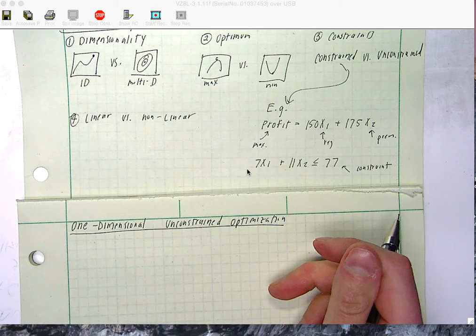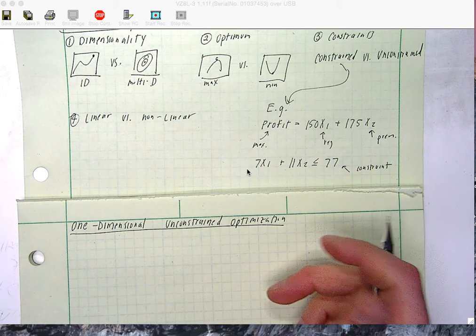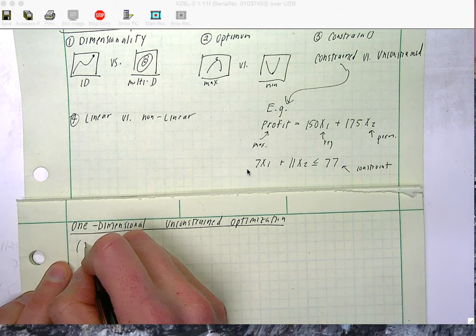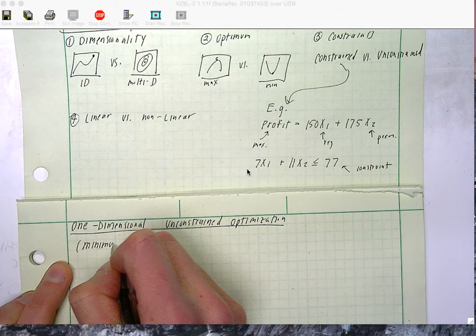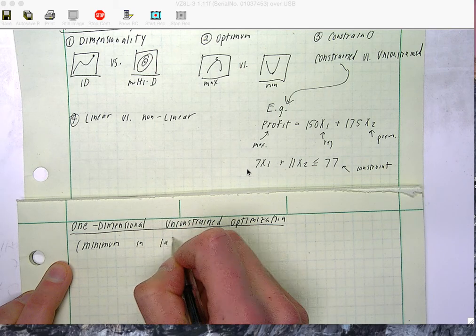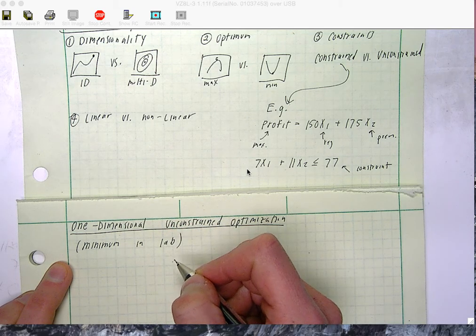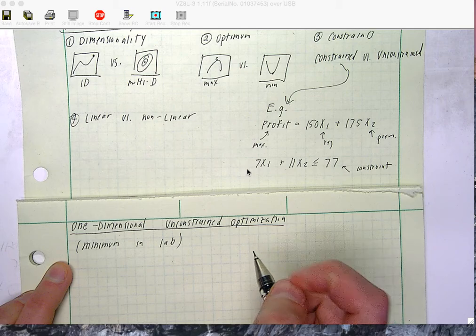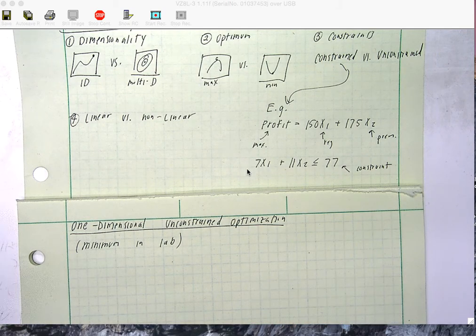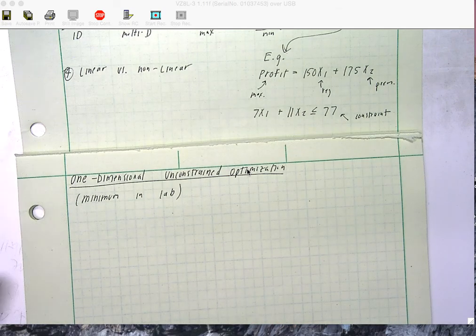I'm pretty sure we're finding the minimum. So what I'm going to do today is write the algorithm for the maximum, and the only thing that you'll need to convert for your lab is writing it for the minimum.